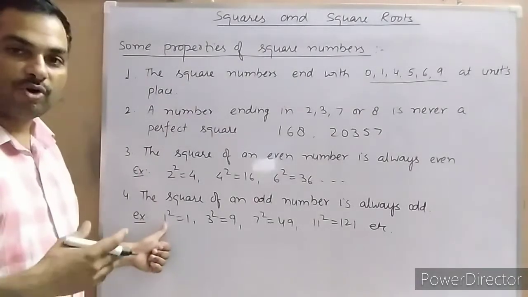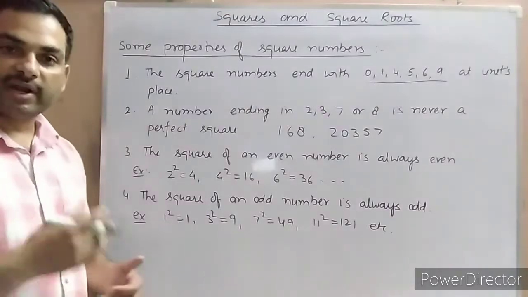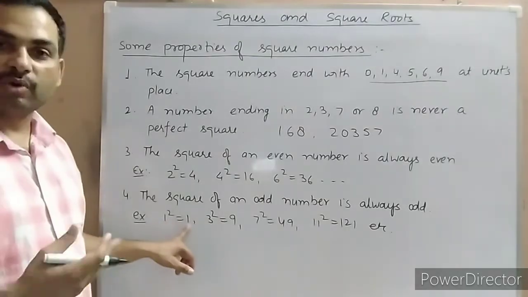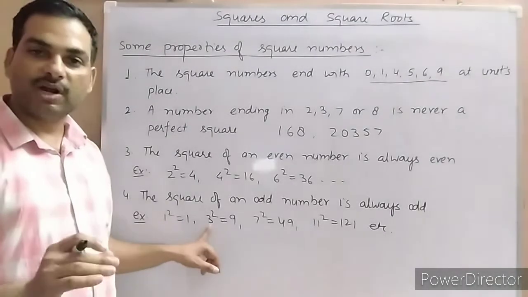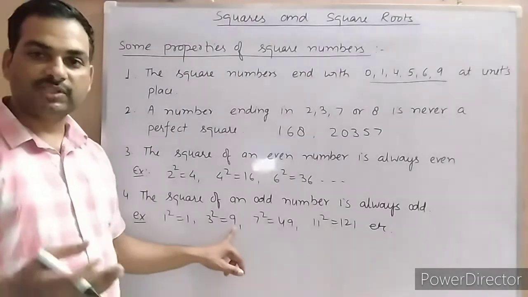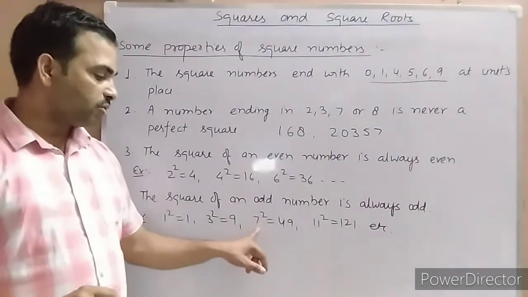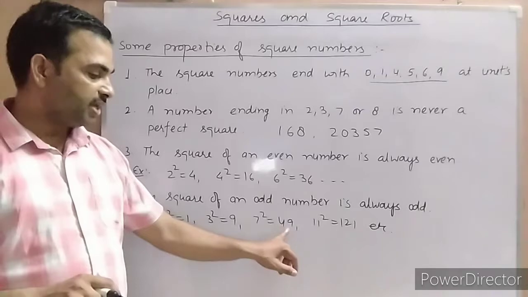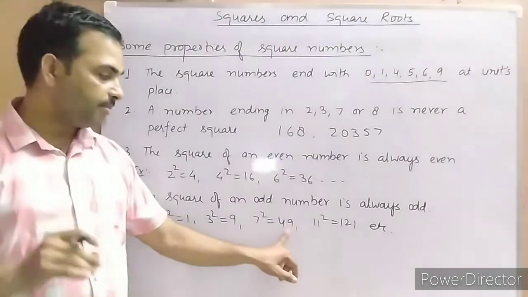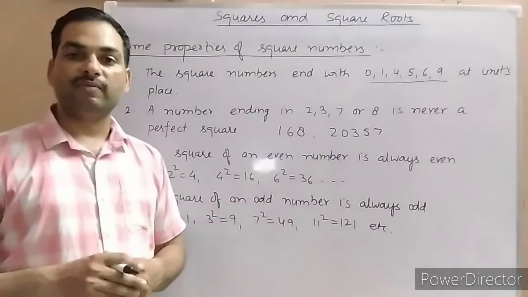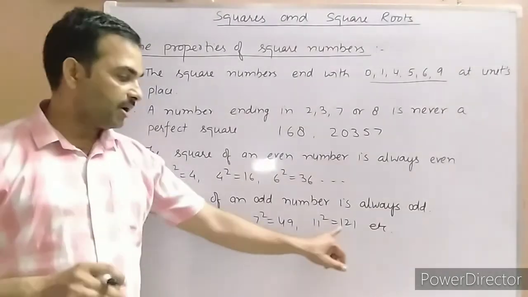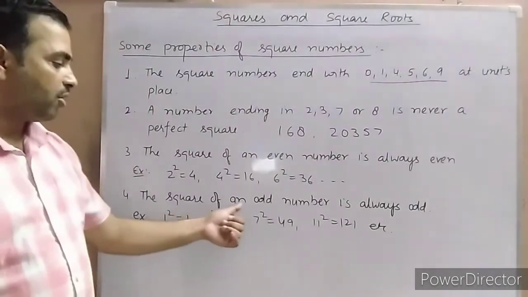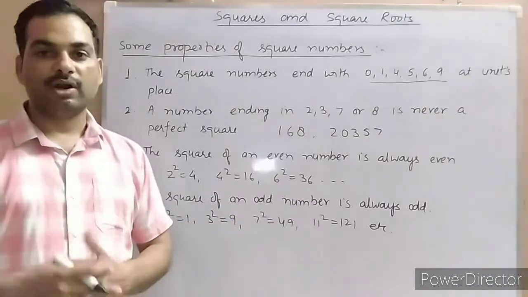Here 1 is an odd number, so square of 1, meaning 1 into 1, which is 1, is also an odd number. 3 is an odd number, square of 3 is 9, which is again an odd number. 7 square, here 7 is an odd number, so square of 7 is 49, which is an odd number. 11 square is 121, 11 is an odd number, 121 is also an odd number, and so on. So the square of an odd number is always an odd number.